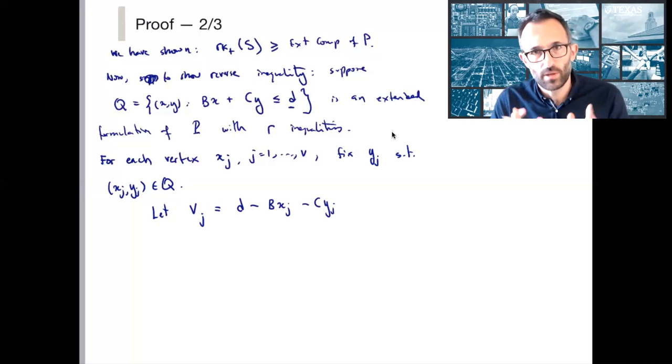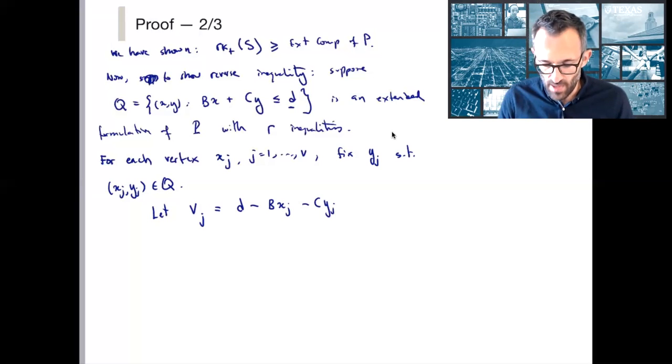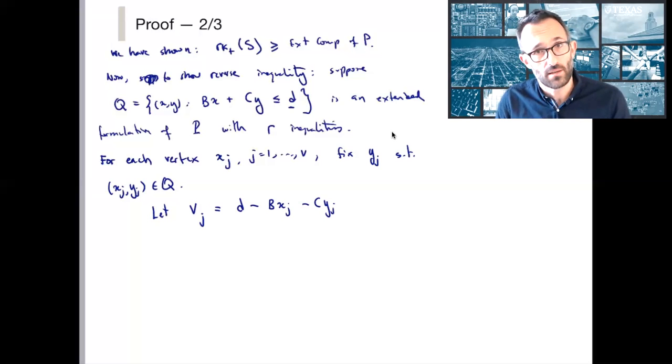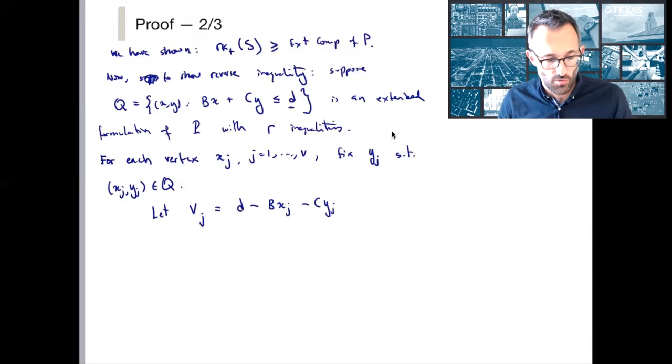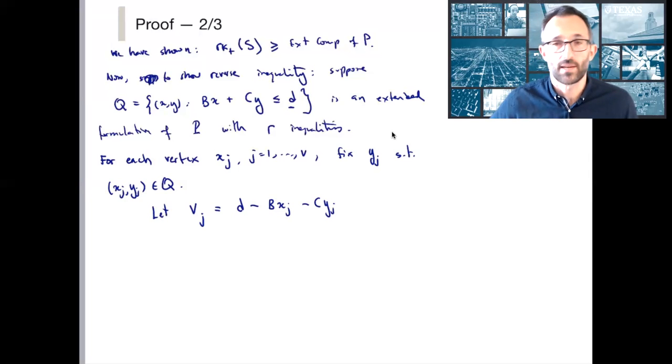I don't want the subscripts to confuse us here. Everything in sight is a vector. D is a vector of size r, and similarly, b xj and c yj are vectors because b and c are matrices. So v is a vector of size r. The notation is chosen on purpose to suggest what's going to happen.